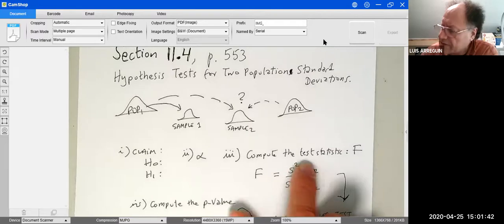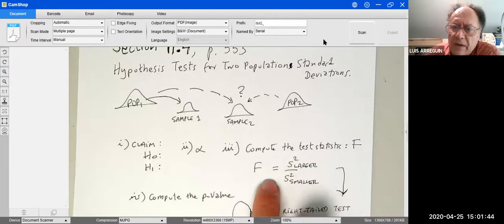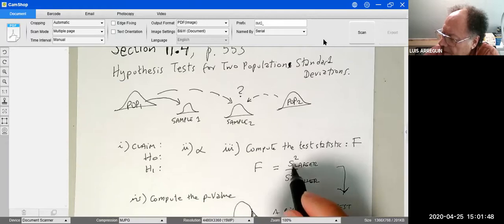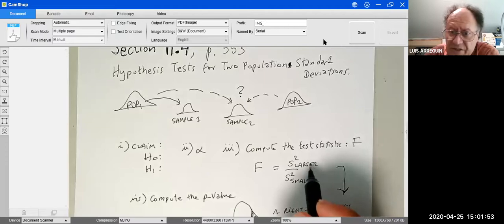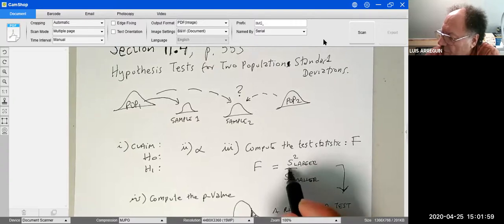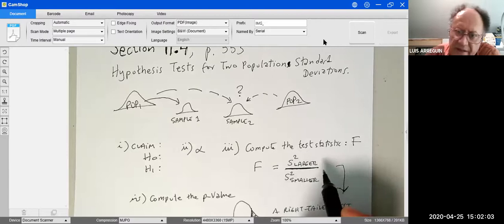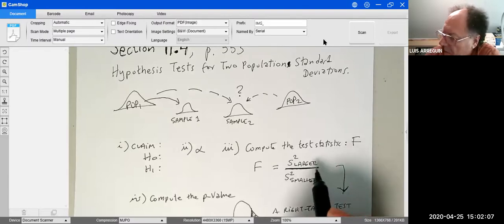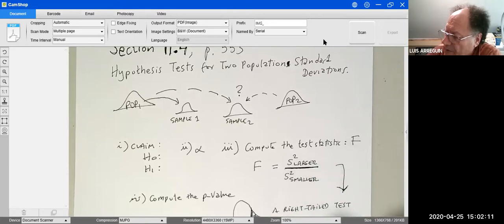This time F is going to be computed by dividing the largest variance of the two samples over the smallest variance of the two samples. So we need to compute the variances if we have data sets, or if they are given, just compare those variances. The largest one goes into the numerator, the smallest one goes into the denominator.